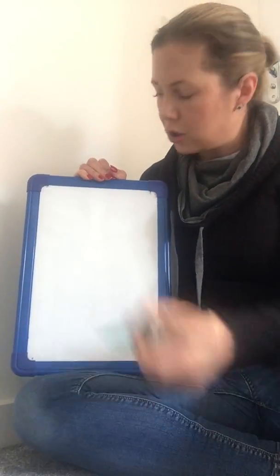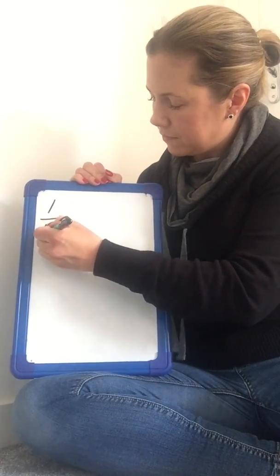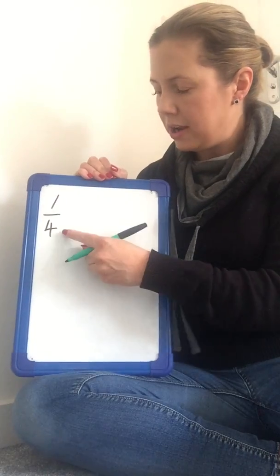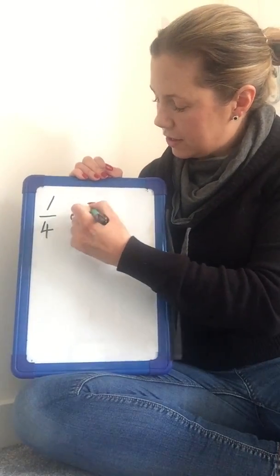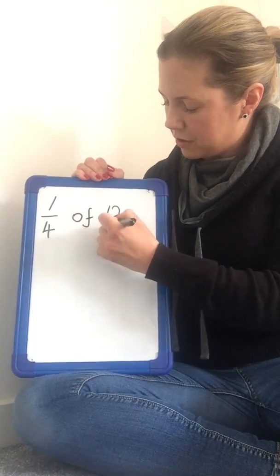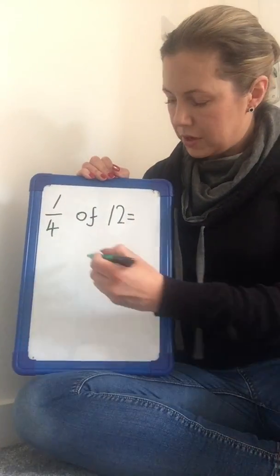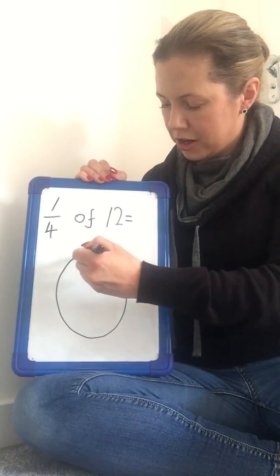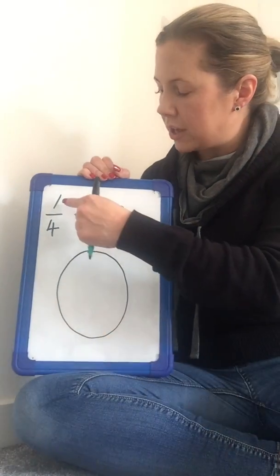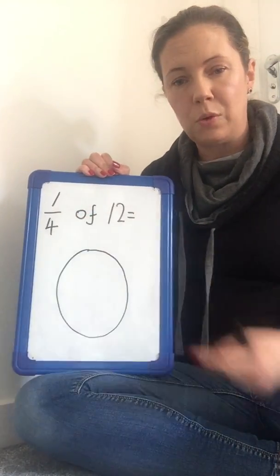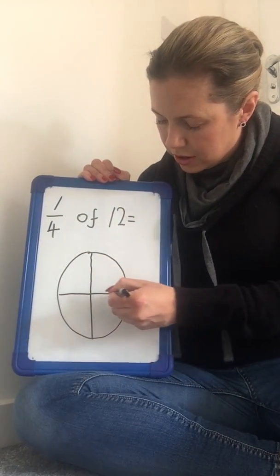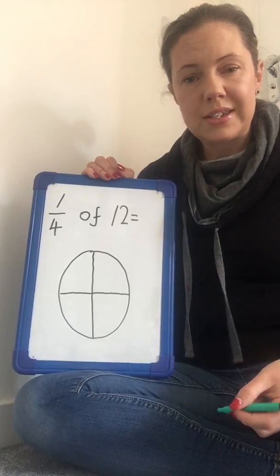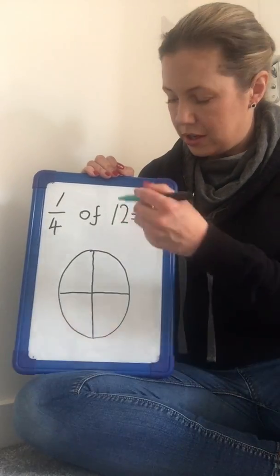So if we were looking at a quarter, we're looking at 1 out of 4 equal parts. So if we look at a quarter of 12, we would draw our fraction mat, but this time we know we're looking for 1 out of 4 equal parts, and so we would draw the fraction mat with 4 equal parts and then share the 12 between them.